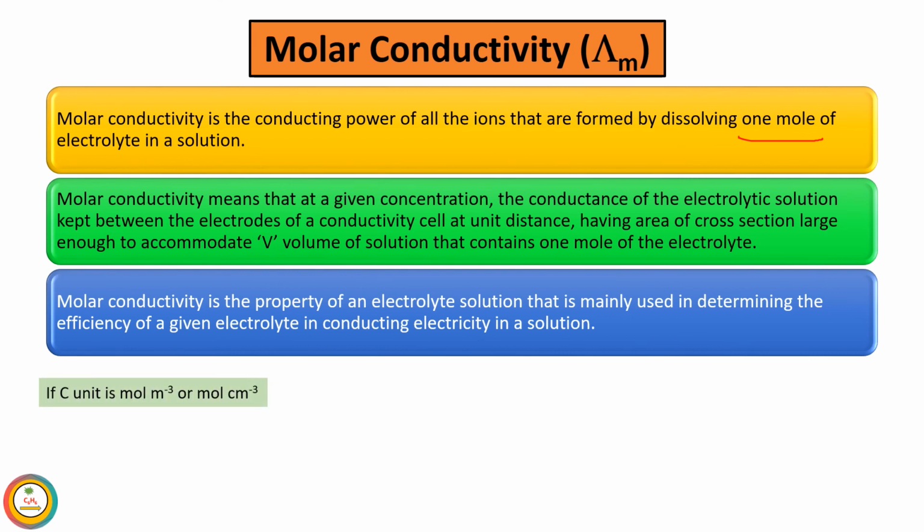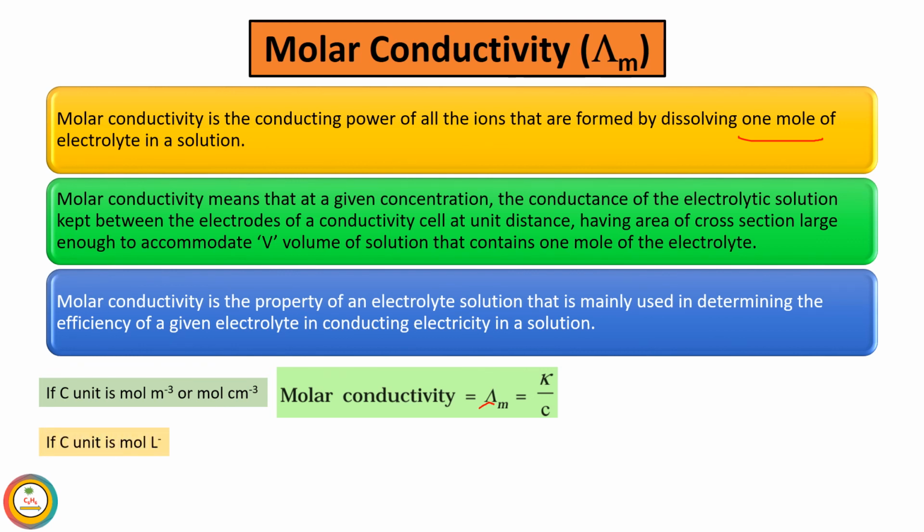If the concentration is given in mole meter minus 3 or mole centimeter minus 3 unit, at that time the formula we use for molar conductivity is lambda m equals kappa by c. This symbol is pronounced as lambda. Lambda m equals kappa divided by c.